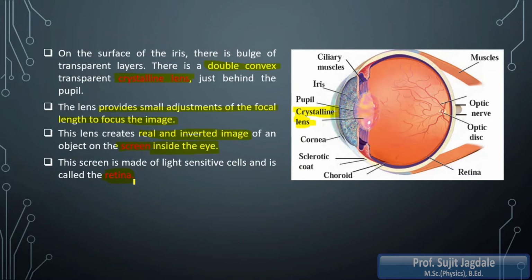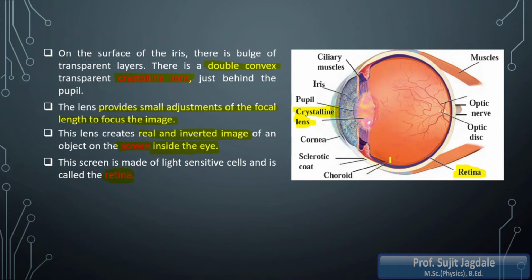That means they are sensitive to light, they get activated when light falls on them, and that screen is known as the retina. So whatever image is formed by the double convex transparent crystalline lens, that image will be formed on the retina, in the form of a real and inverted image.